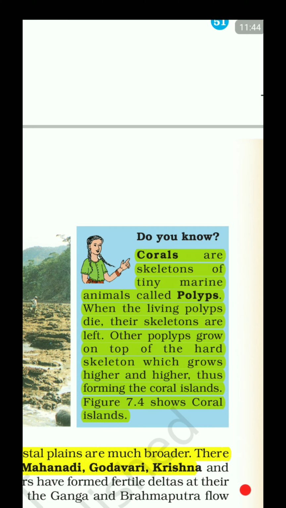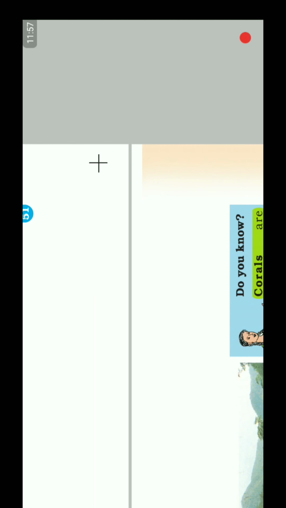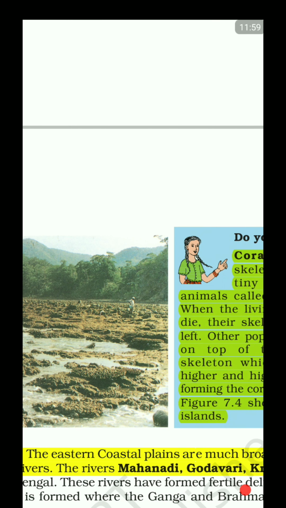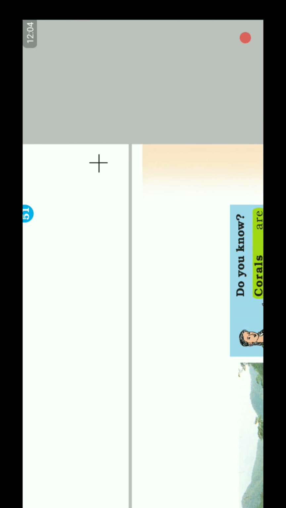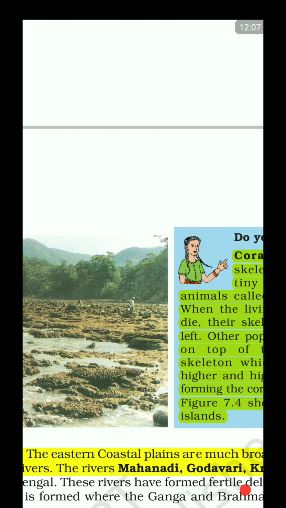Now what are polyps? Polyps come under the phylum Cnidaria, the same as jellyfish. The difference between jellyfish and polyps is that polyps have a limestone structure by which they attach themselves to the rock.